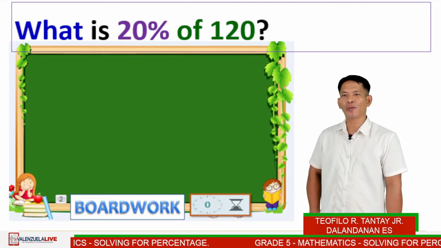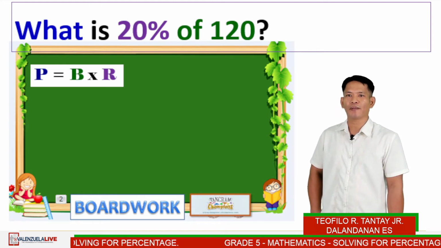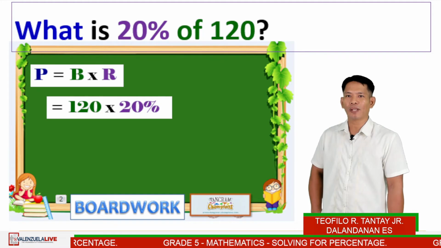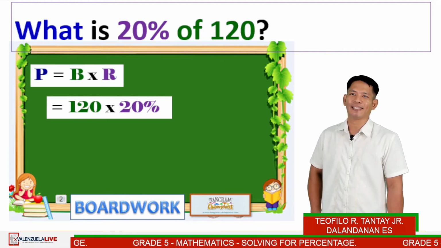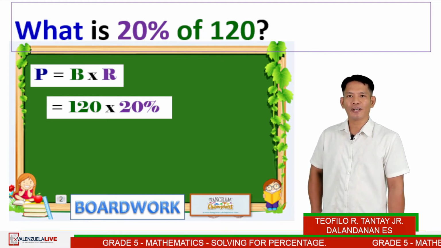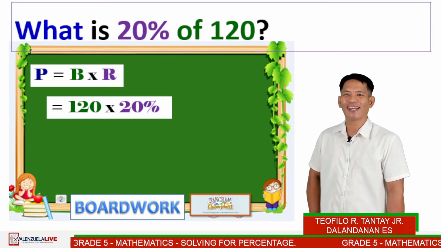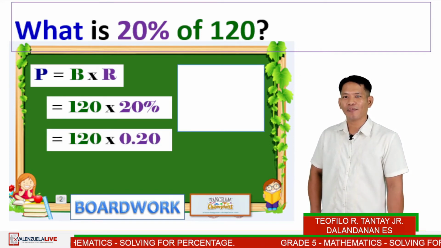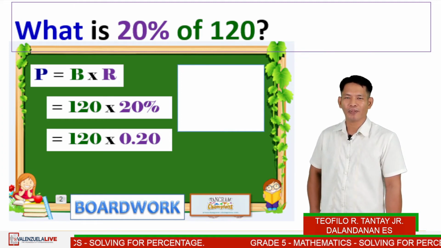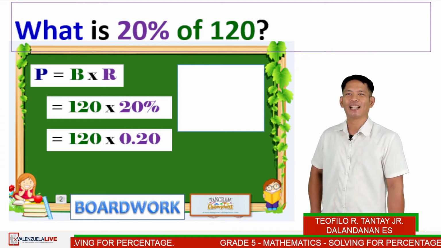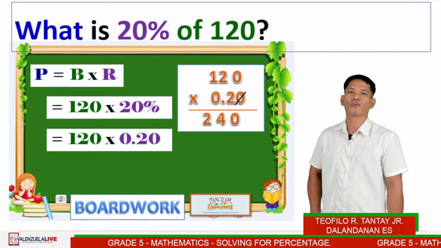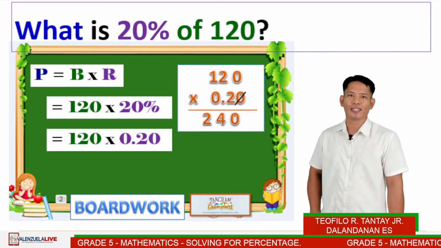Applying the formula, we have P is equal to B times R. P is equal to 120 times 20%. We need to convert first 20% to a decimal number, which is 120 times 0.20. We multiply 120 times 0.20, we can cancel out 1 0 in 0.20.